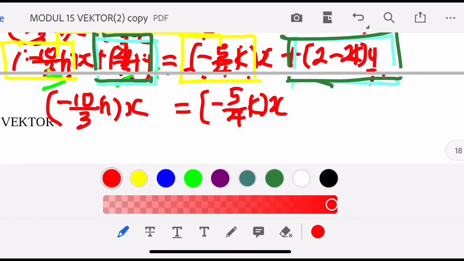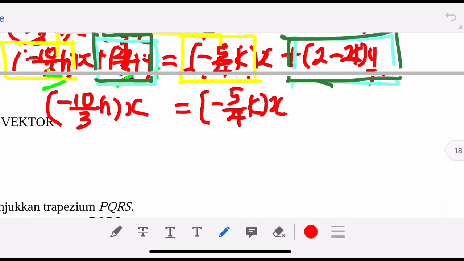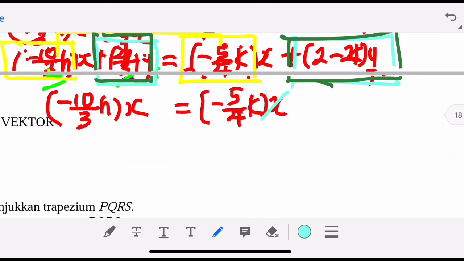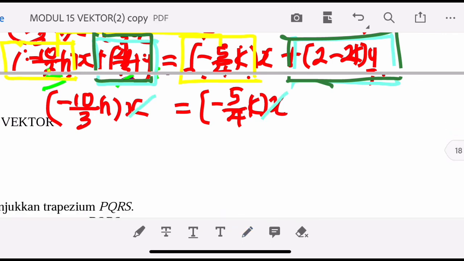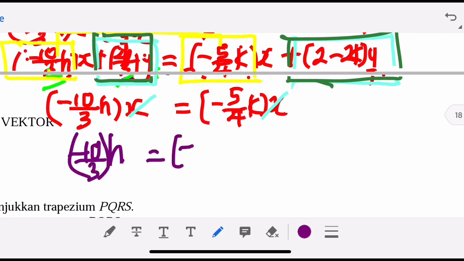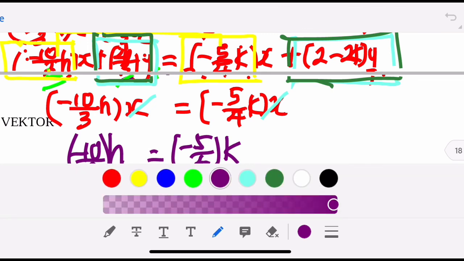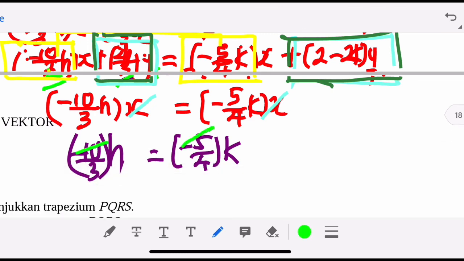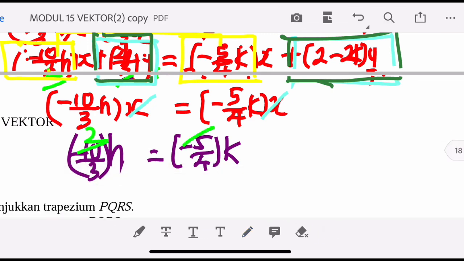We will simplify h equal to how many k? The x will cancel out. The 5 and the negative 5, and the negative 10 also you can simplify. So negative 10 over 3h is equal to negative 5 over 4k, right? Now h is equivalent to how many k? Do it carefully, slow and steady.